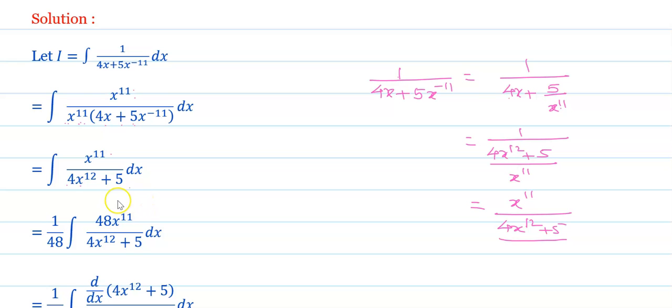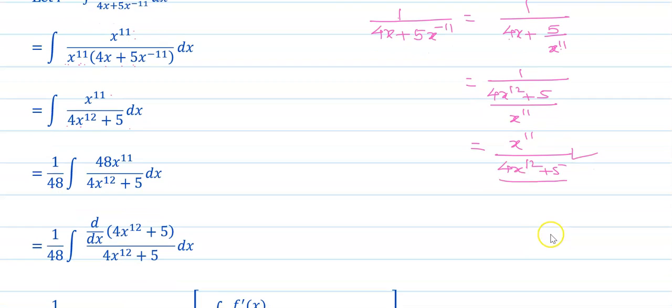Now next, what is the derivative of 4x raised to 12 plus 5? Its derivative is 48x raised to 11, and hence here we multiply 48 to the numerator and the denominator. Otherwise you can also do it like this here. Put 4x raised to 12 plus 5 as t. You can consider t like this here. 4x raised to 12 plus 5.